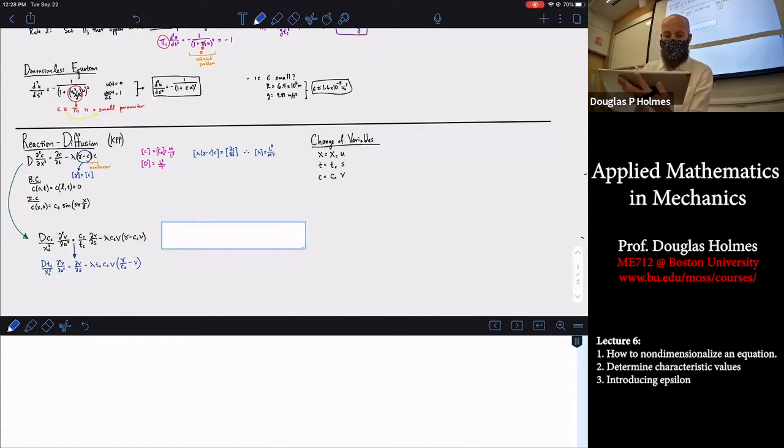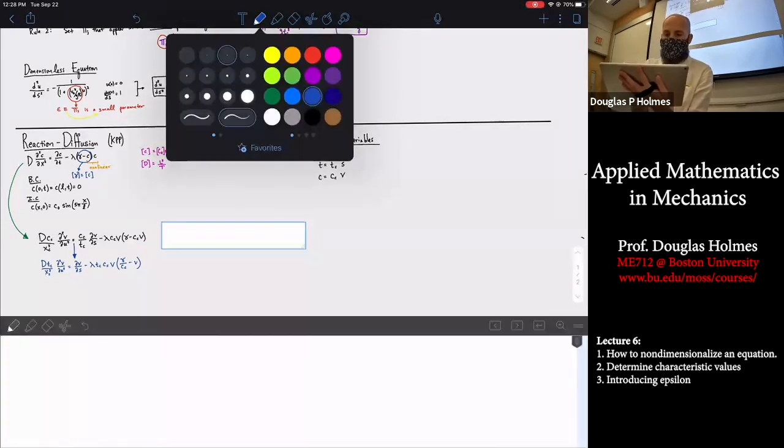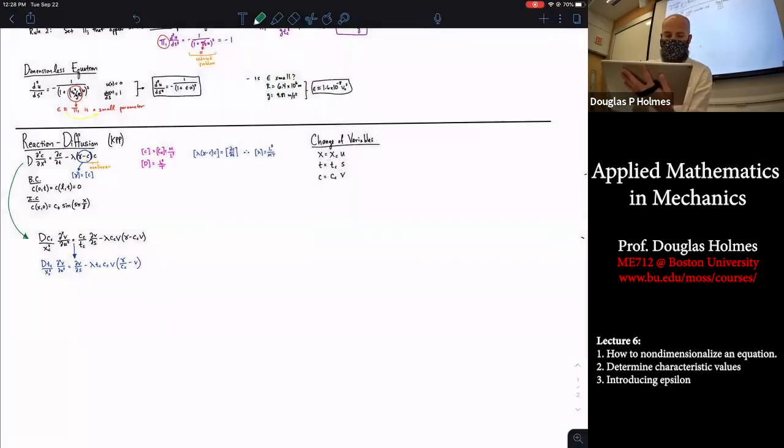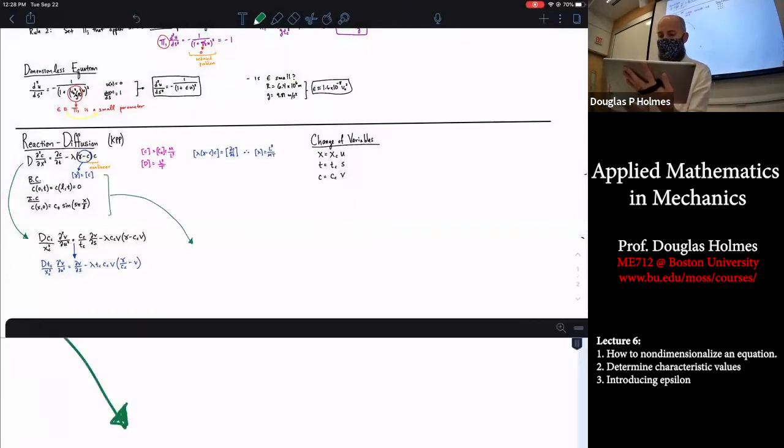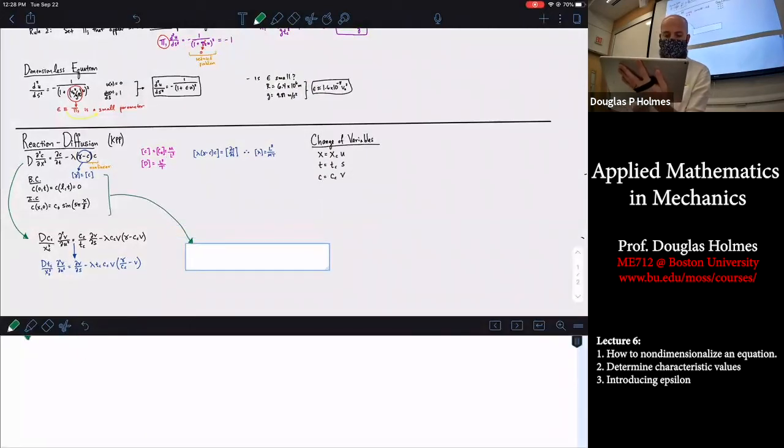So when we do that, we end up with that my concentration at 0 and S equals my concentration at L over XC.